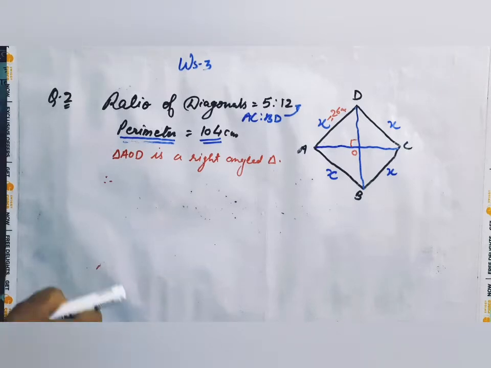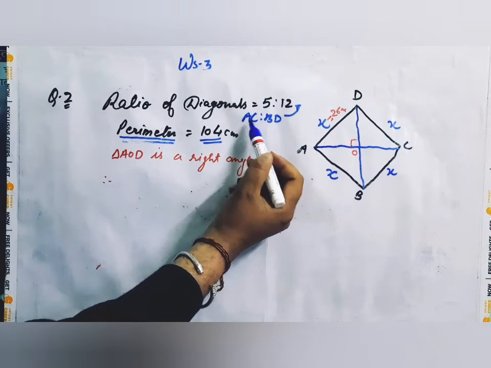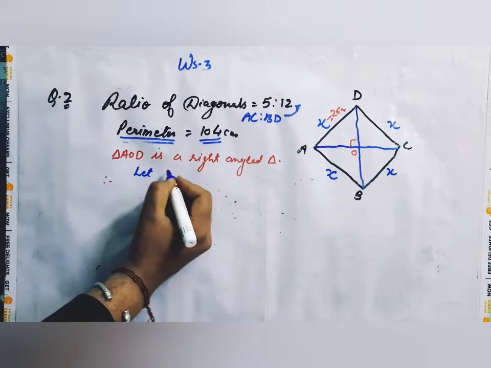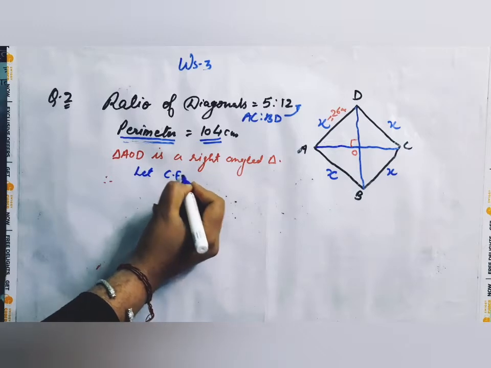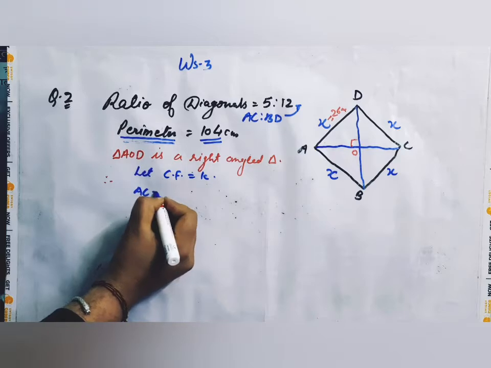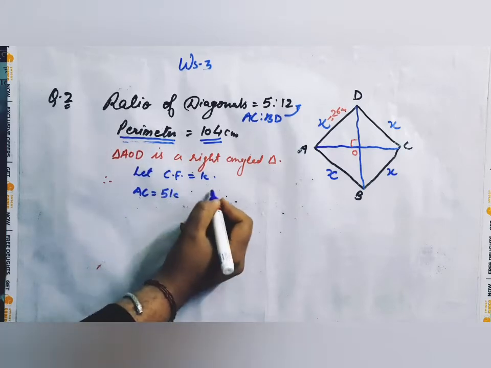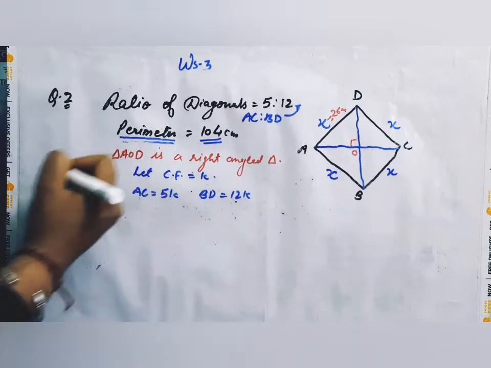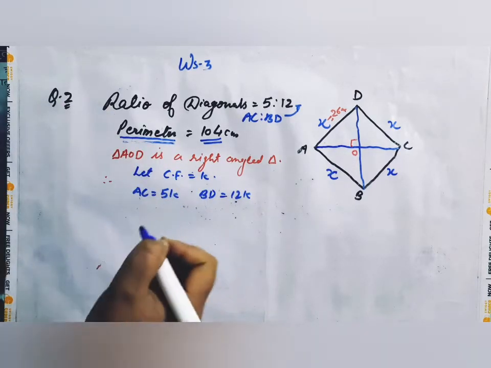So we know that AC to BD is equal to 5:12. If the common factor is K, then AC will be equal to 5K and BD will be equal to 12K. Now, diagonals bisect each other.